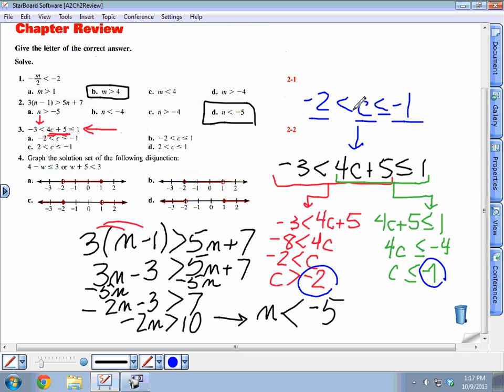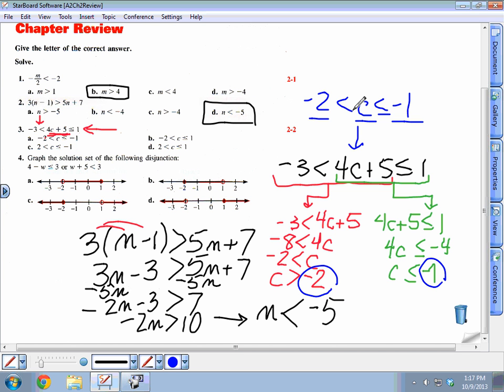All right? Now, next one. Graph the solution set of the following disjunction. Well, now all of a sudden I know that this is a disjunction. So what I'm going to do is look at my graphs and say, which one of these could I eliminate that doesn't look like a disjunction?